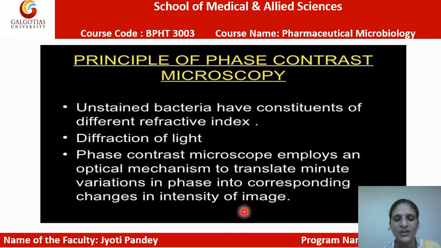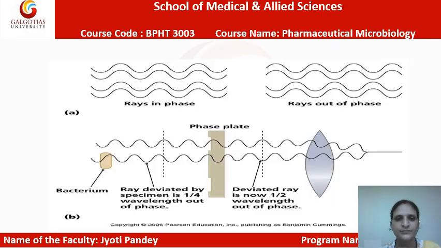So as per the intensity of the image, this type of microscope translates their variation into phases. These are the phases: rays in phase, rays out of phase, and the phase plate. This one is the phase plate, which shows the phases in a phase contrast microscope.